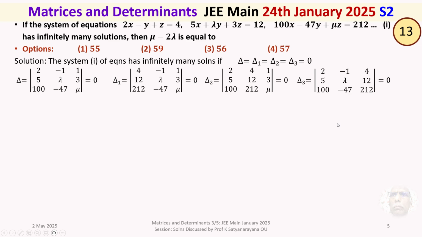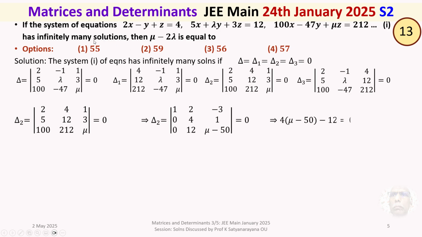Let's first of all take, you see, the question is to find the value of mu minus 2 lambda. So look at delta 1, delta 2, delta 3. If I take delta 1, you will get the lambda mu term also.